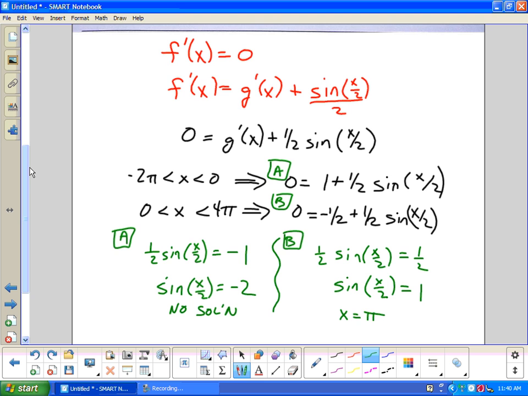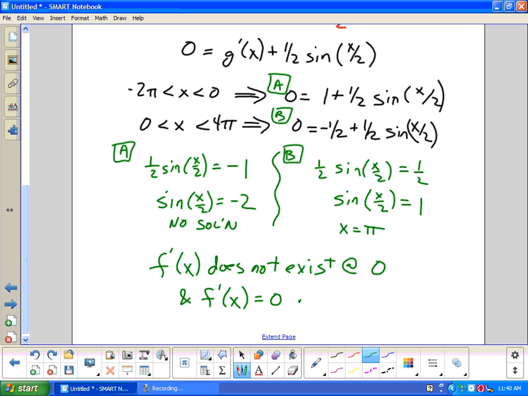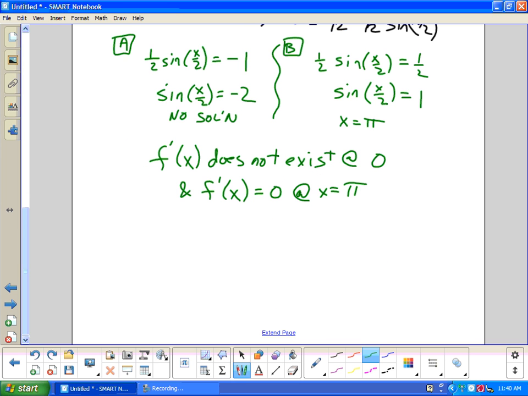So I think f prime of x doesn't exist at 0. You guys agree? So we got two of them. F prime of x does not exist at 0, and f prime of x equals 0 at x equals pi. So we have two critical points.